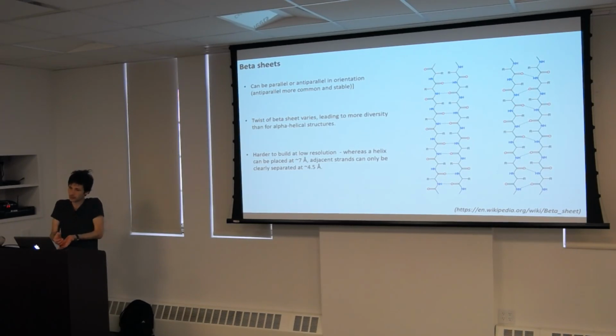Whereas alpha helices tend to be straight or at most slightly curved, beta sheets are like a flat sheet which can have a certain twist associated with it. And the individual strands are difficult to place until you get beyond 4 angstroms or so. So they're much harder to build manually than alpha helices.